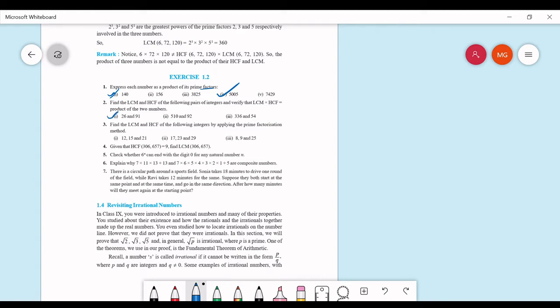So if I take this first one, this is 26, right? So how can you write 26? See, it is very much clear that you can write 2 multiplied by 13, right? 2 and 13 both are prime. So it will be like this only. Next is 91. 91 can be written as 7 multiplied by 13, right? Okay, so this is 7 multiplied by 13.